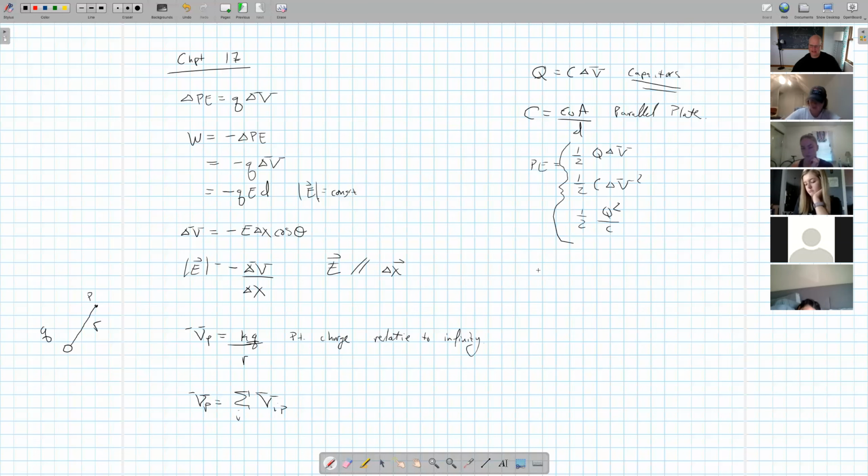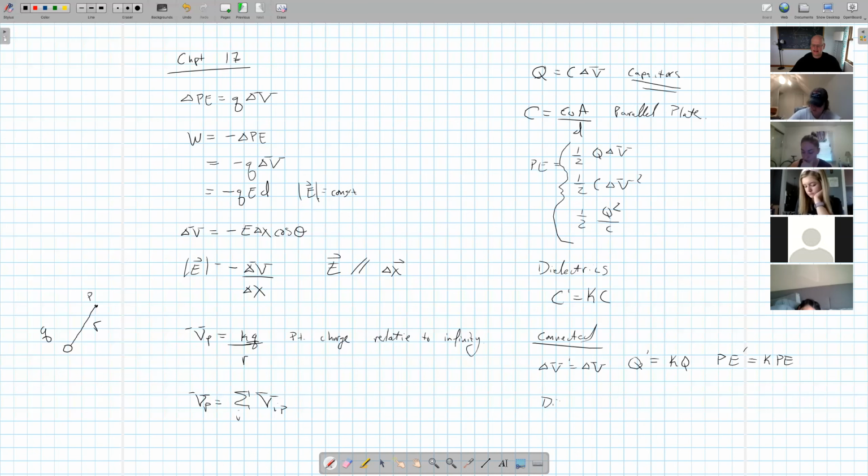Other things to note is for dielectrics. So here we have a new capacitance, which is equal to the dielectric constant times the original capacitance. And then we have those where it's connected. So when it's connected, what happens in this case is the potential stays the same, the charge increases, and the potential energy stored also increases.